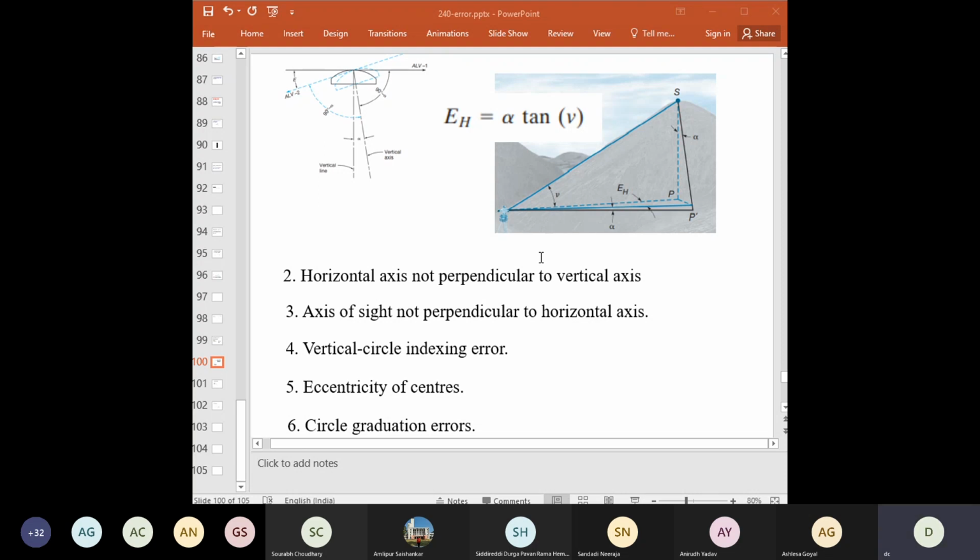So, if an instrument that has a 20-second out of level reads a backsight zenith angle of 93 degrees, and the foresight zenith angle is 80 degrees, the horizontal error in the backsight direction will be alpha tan nu, 20 seconds tan minus 3 degrees, and the foresight will be 20 seconds tan 10 degrees.